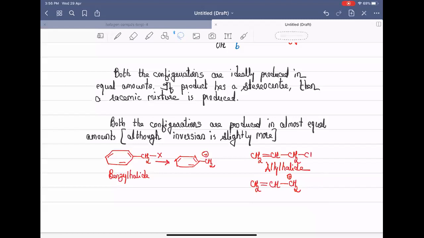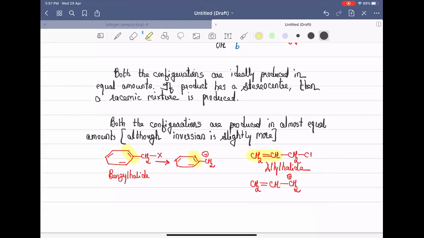I did tell you that benzyl and allyl halides may also undergo SN2. That's because I did tell you that there is a beta unsaturation observed, and whenever you have beta unsaturation, as you can see here, you always find that SN2 is highly favored.